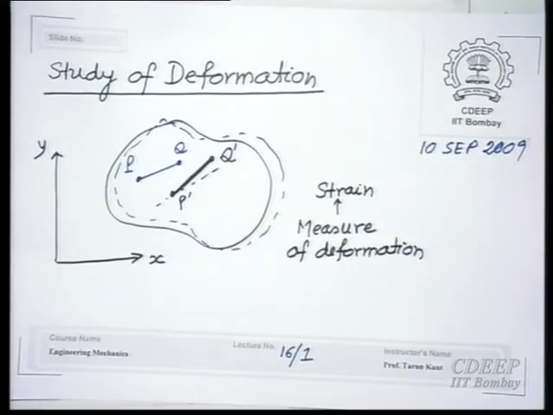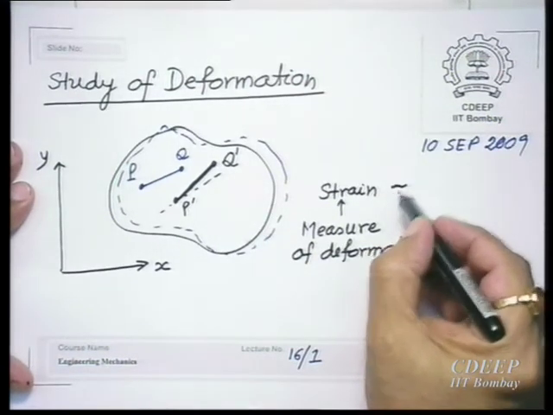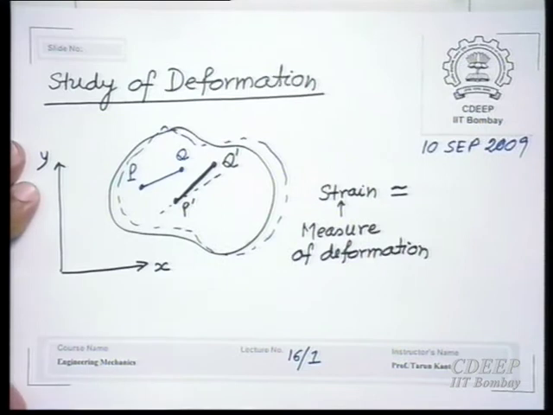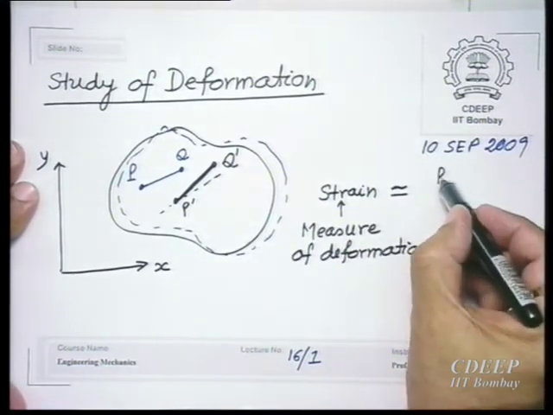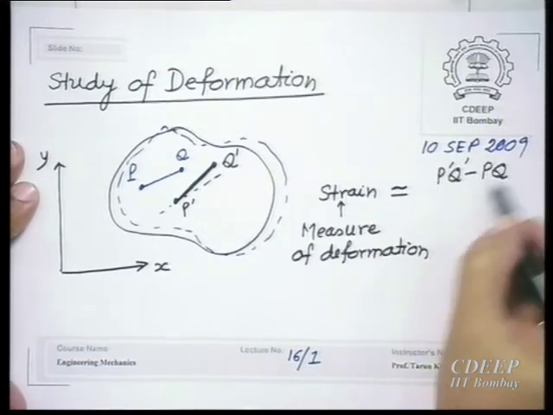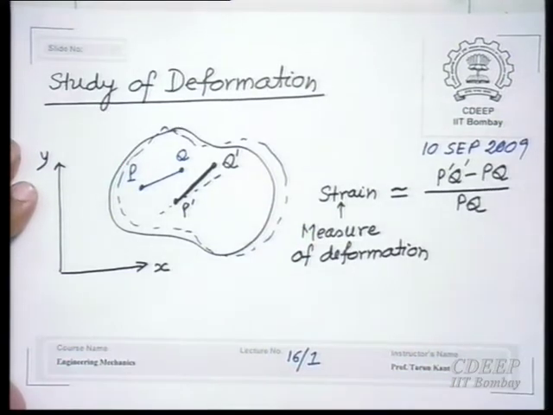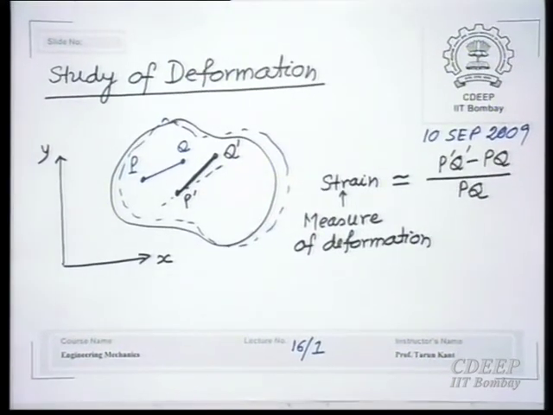So because the shape changes, deformation has to be measured by some quantity. We call it strain, and strain will be in general, I will just give you a very rough definition, P dash Q dash minus PQ, but this will be change in length per unit length.